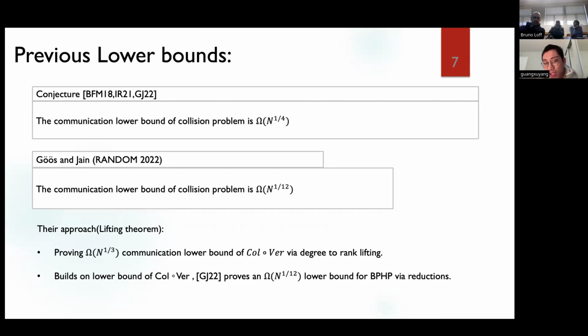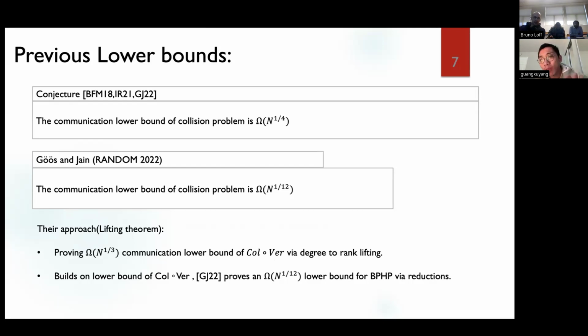Sorry, what is the collision problem composed with? You prove a lower bound of the composition of collision with what? They prove it with degree and rank negativity. Right, but collision composed with what?